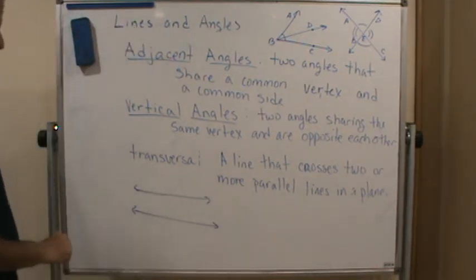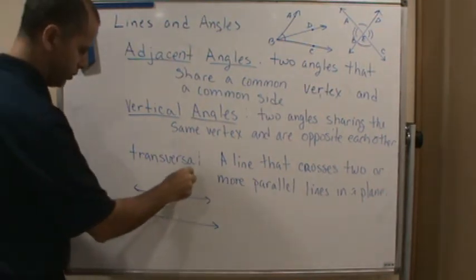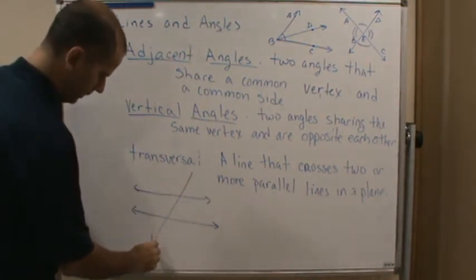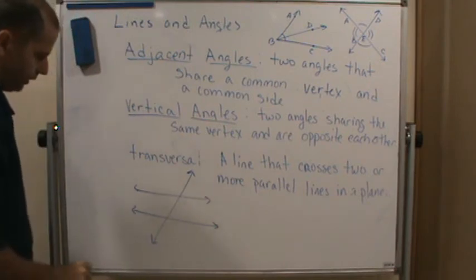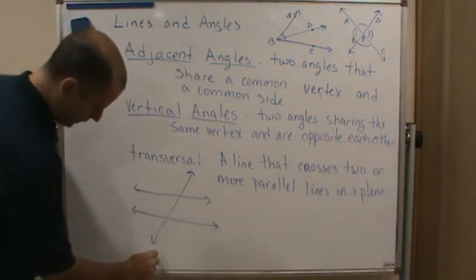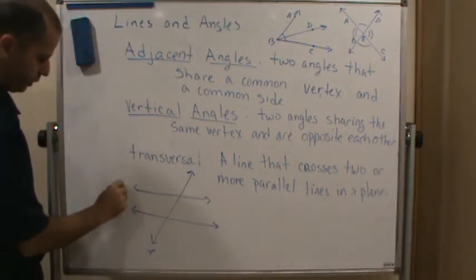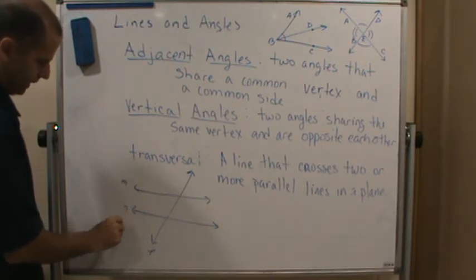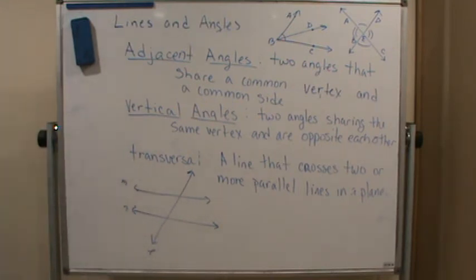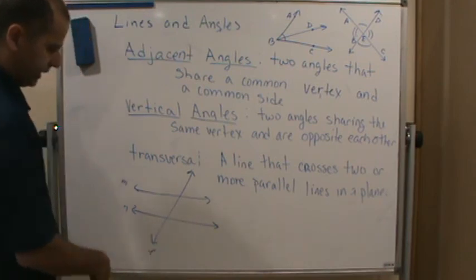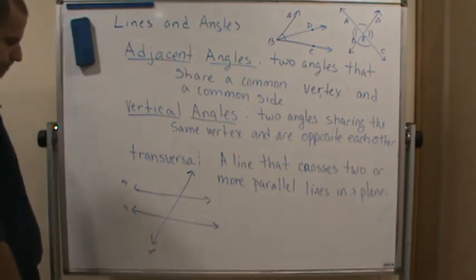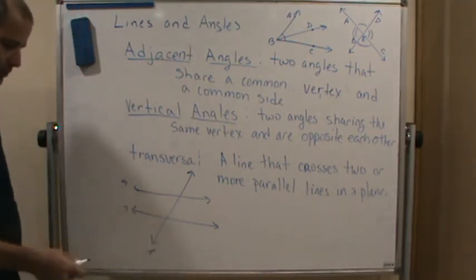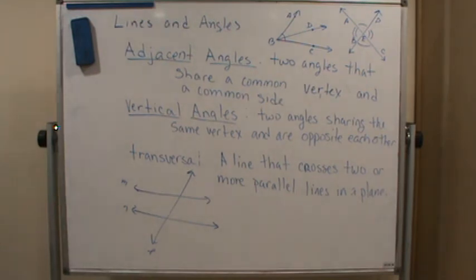Right? And so let's say these are parallel lines and I draw a line through them like so. Let's call this line L. Let's call these lines M and N. Then we would say that line L is a transversal. That's it. That's what we call a transversal.